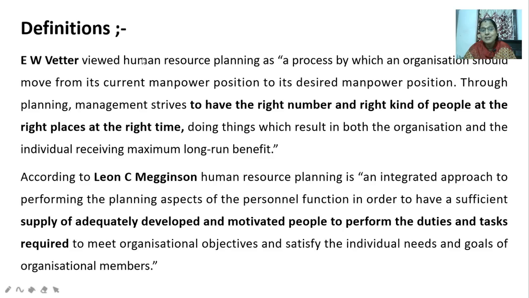It is to understand how to move from its current manpower position. So we need to clear some vacancies, we need to create some vacancies, we need to fill up the vacancies. So what I should understand is that from the current manpower position I should move towards what? The desired manpower position. That is what HRP deals with.